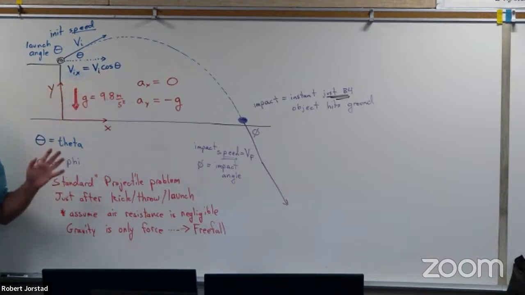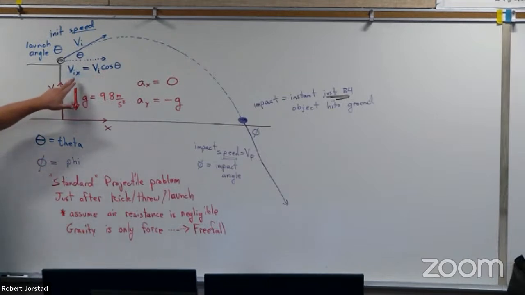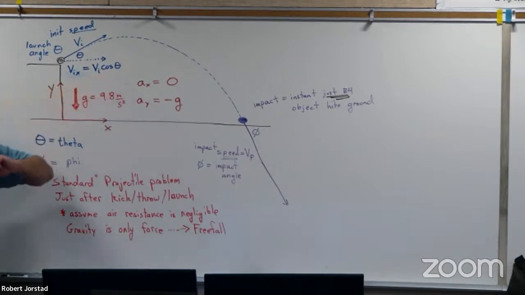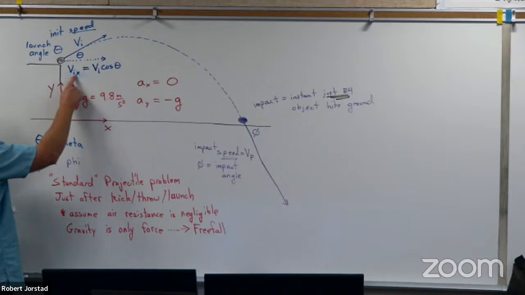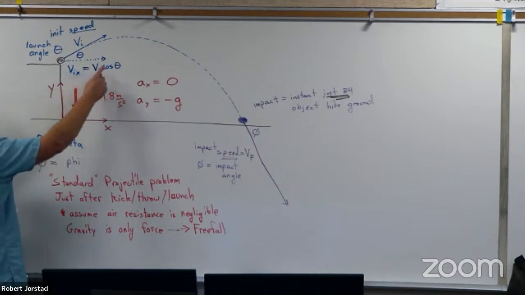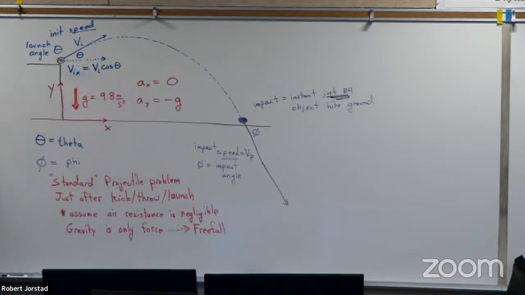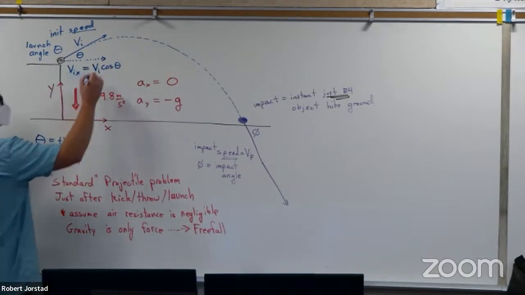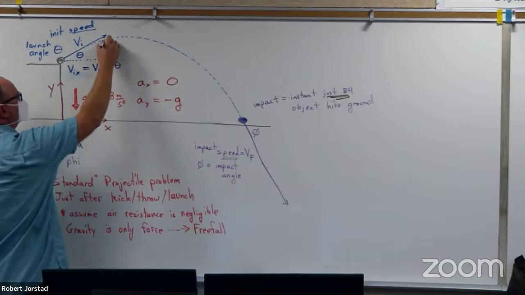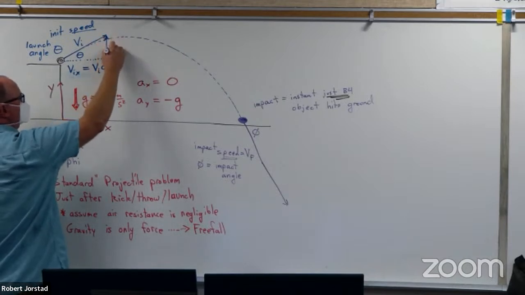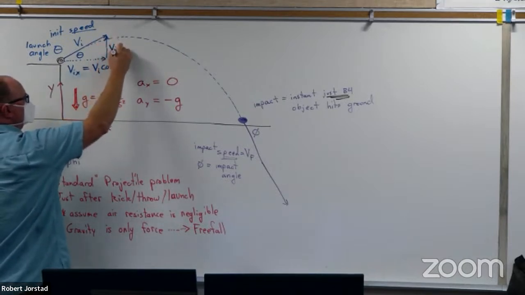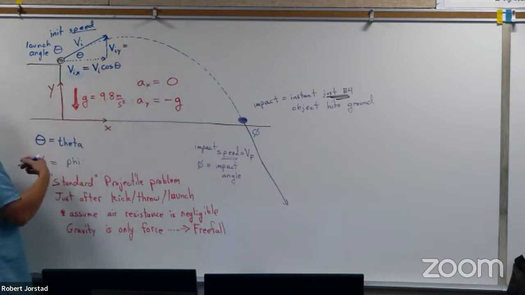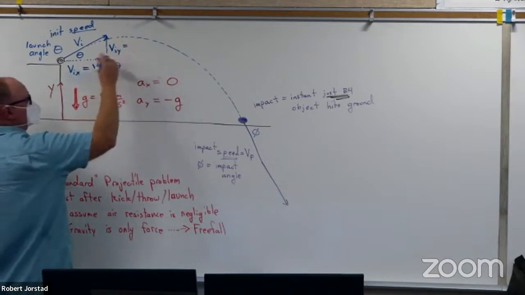That doesn't make any sense. My pet peeve is when people write a v initial x and then a cosine theta on top of it. That's like double counting the cosine. That's wrong. So the x component is the initial speed times the cosine of the angle. All right, so far so good? This side should be v initial y, and there's going to be a sine theta. Do you agree? Because it's opposite.